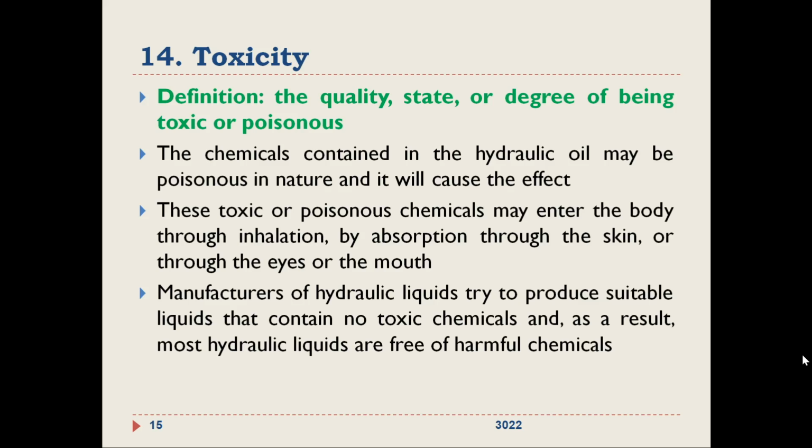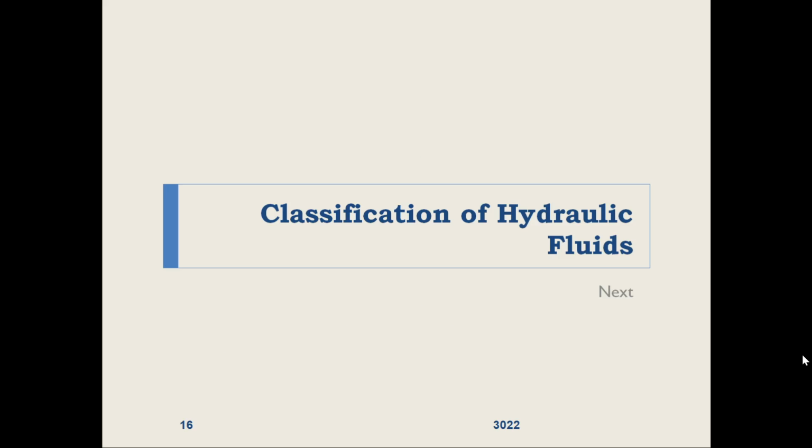Most manufacturers of hydraulic liquids try to produce suitable liquids that contain no poisonous chemicals, and as a result most hydraulic liquids are free of harmful chemicals. So the toxicity of the hydraulic oil is another important parameter of environmental compatibility also.